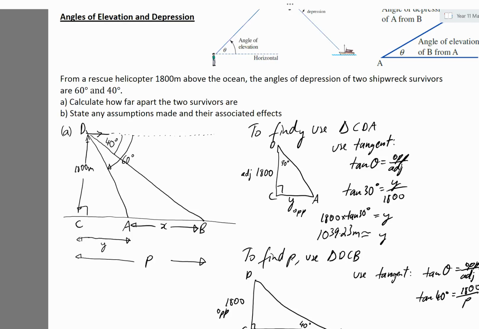Oops, there's the unknown on the denominator, so I better go through my drills, bring p to the other side by multiplying by p, and then divide through by tan 40. Okay, so calculator time again.